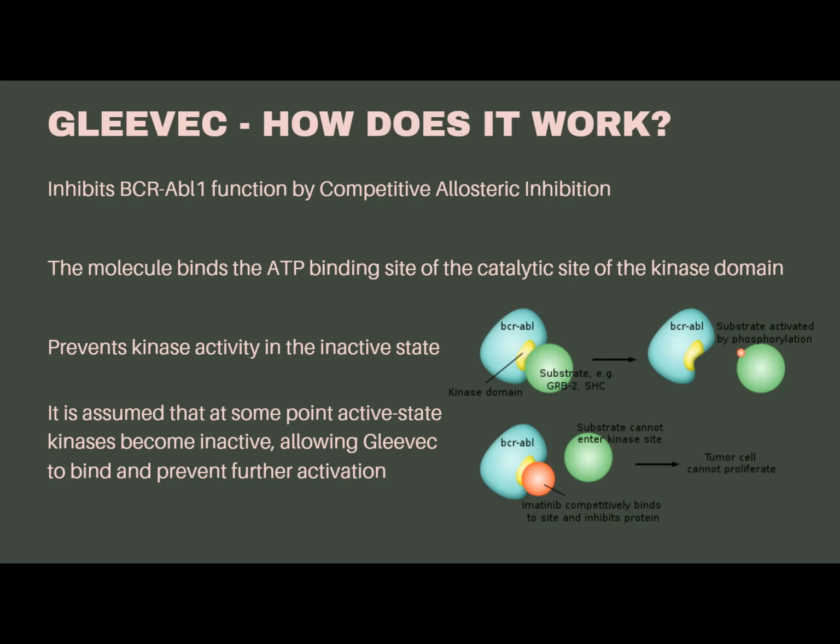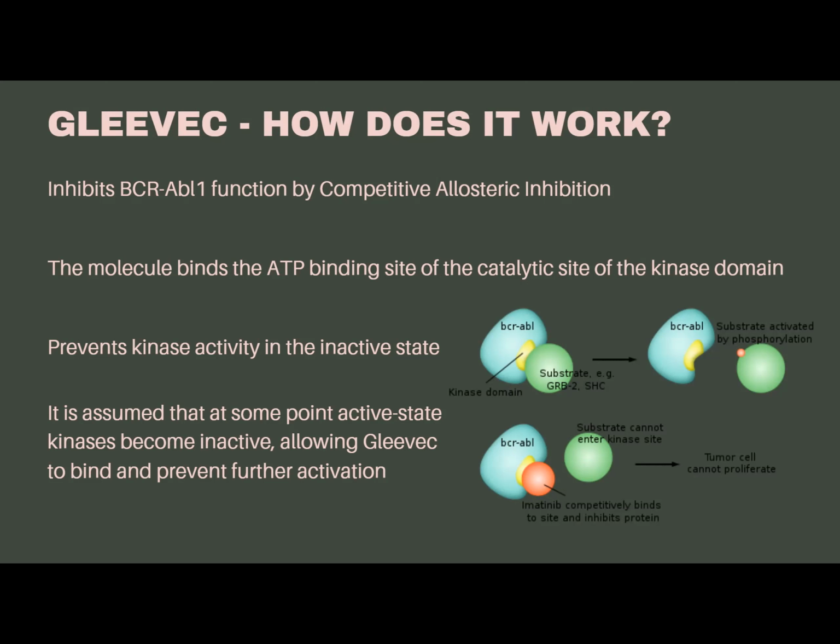John, what does that mean? Instead of having ATP bind, Gleevec is going to bind, and the kinase is not going to be able to be activated. That's competitive allosteric inhibition. It prevents kinase activity in the inactive state. It only works for inactive BCR-ABL.